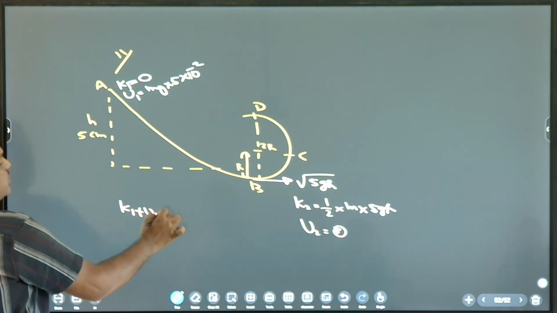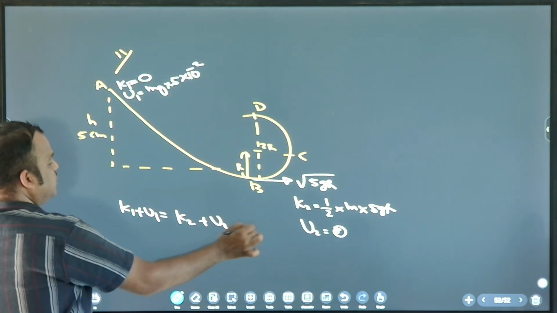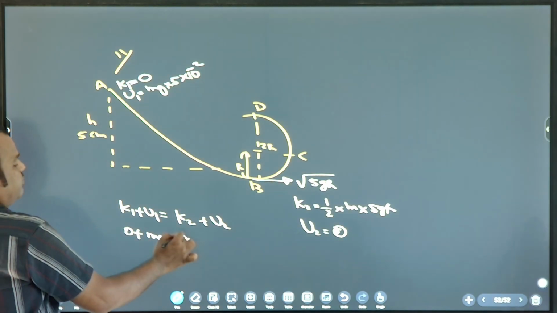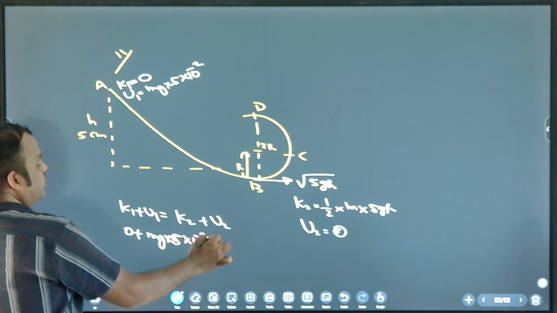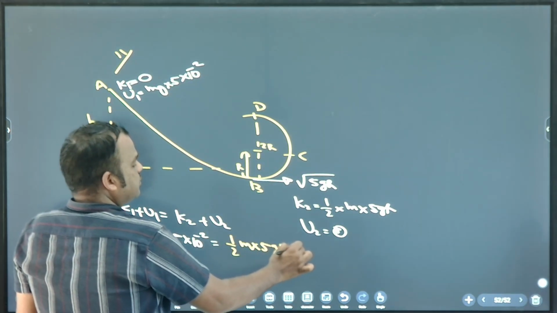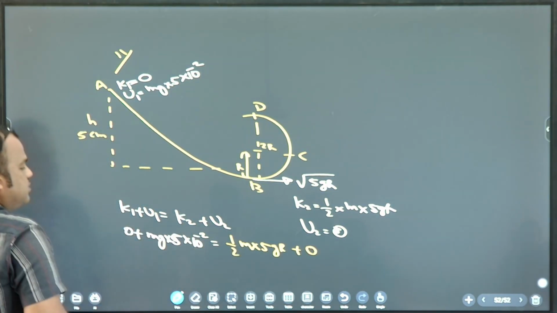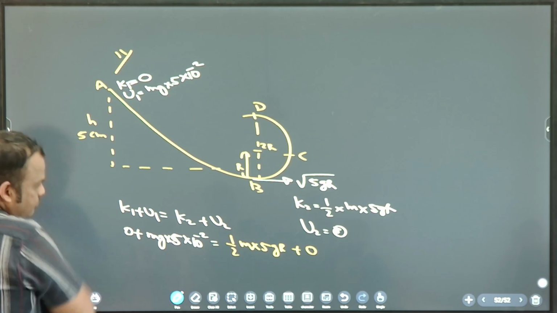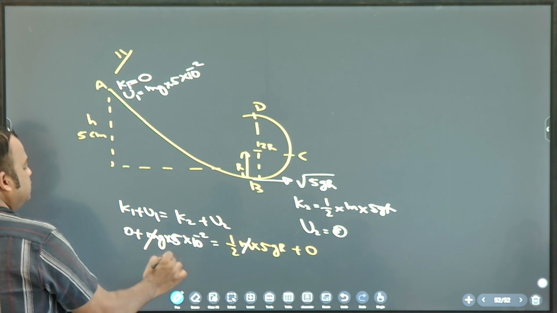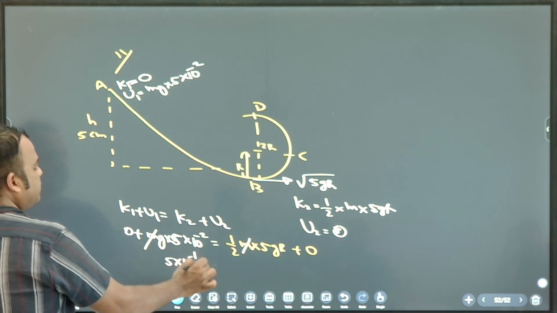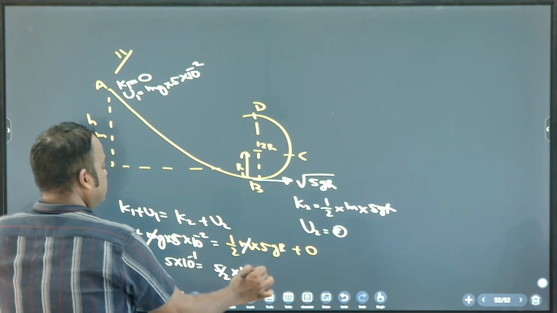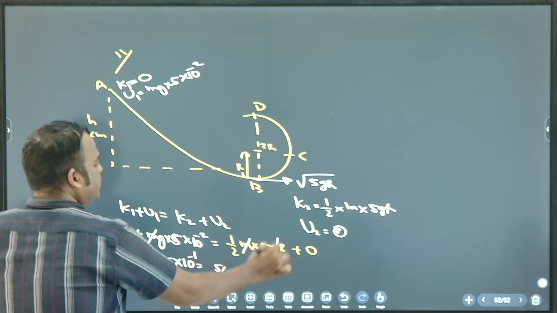So K1 plus U1 is equal to K2 plus U2. So 0 plus mg into 5 into 10 power minus 2 is equal to half m into 5gr plus 0. Now solve this. Cancel m. g is 10. So 5 into 10 power minus 1 is equal to 5 by 2 into 10 into... okay, g also cancelled.